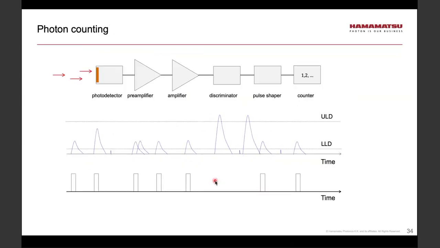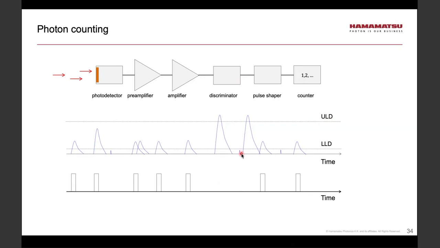Let's spend some time discussing photon counting. This would be a typical setup. We have a photodetector and then a sequence of amplifiers. The important component is the discriminator, which is going to discriminate pulses based, for example, on their amplitude. If a pulse is too high above the upper level discrimination, it will be rejected.